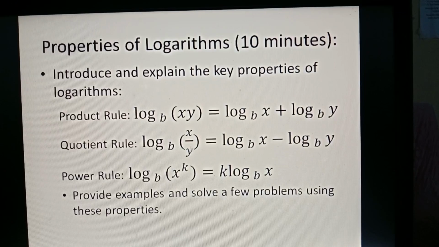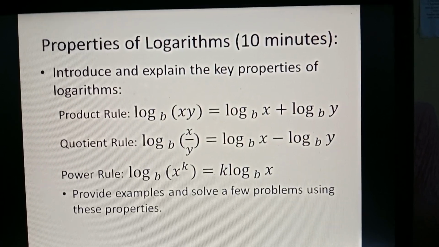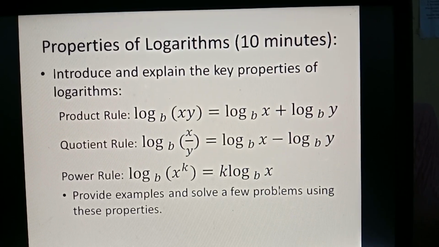Quotient rule, the logarithm of x over y to base b is equal to the logarithm of x to base b minus the logarithm of y to base b. Power rule, the logarithm of x raised to k to base b equals k, the logarithm of x to base b. Remember, these are general numbers. Any positive number. Provide examples and solve a few problems using these properties.